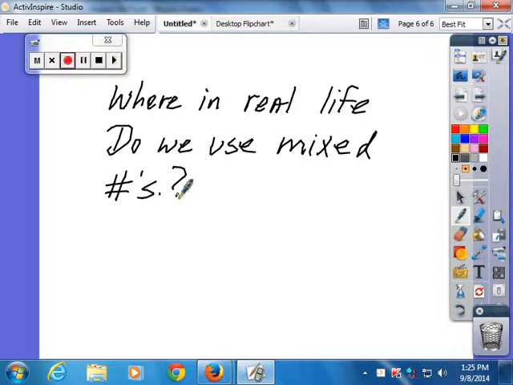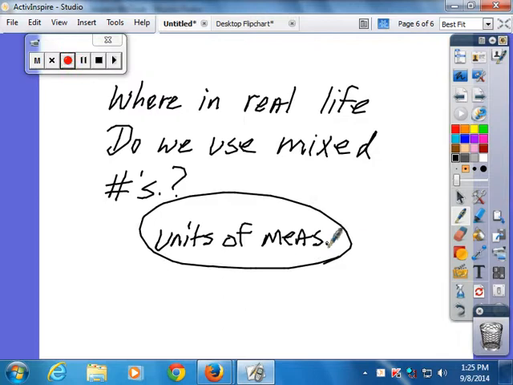So anyway, where in real life do we use mixed numbers? In units of measure. So, if your question is not asking for a unit of measurement, do you need to change it into a mixed number?